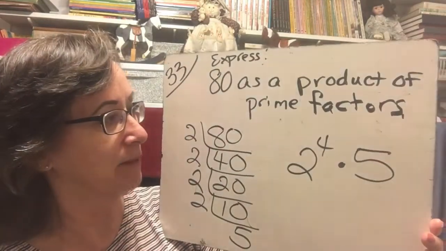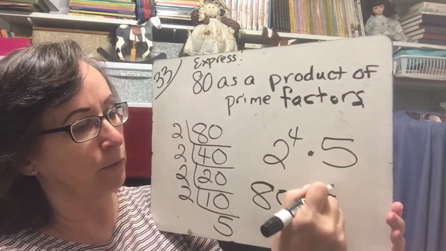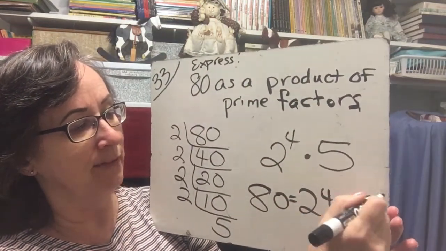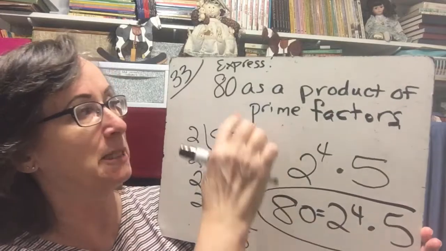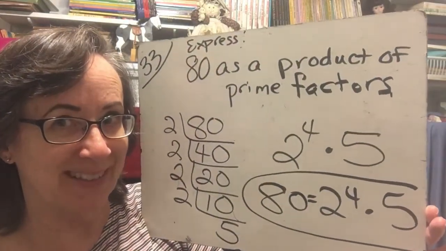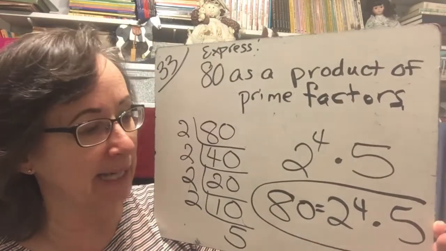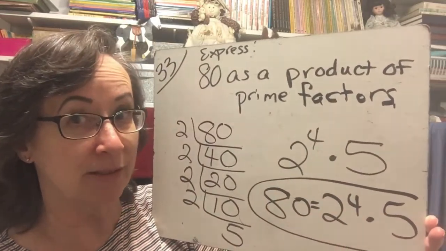So we would say 80 equals 2 to the 4th times 5. And that would be expressing 80 as a product of prime factors. You see, each factor is as low down as it can go. It cannot be divided by anything else.